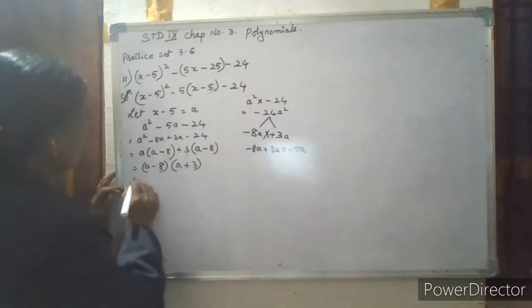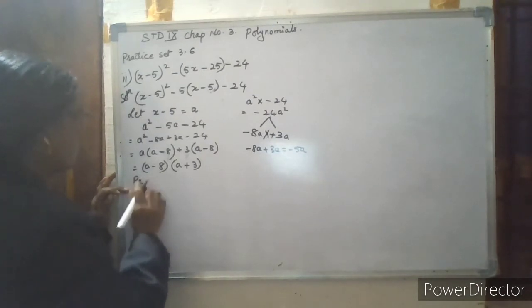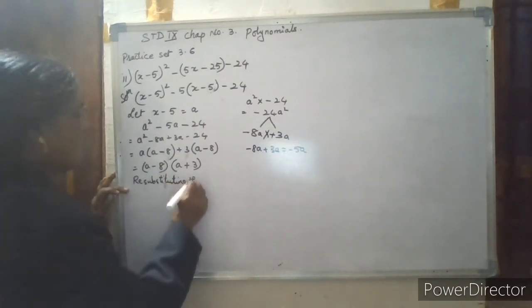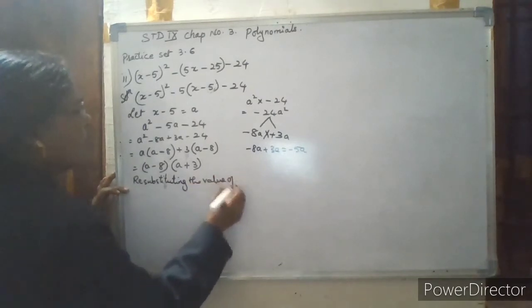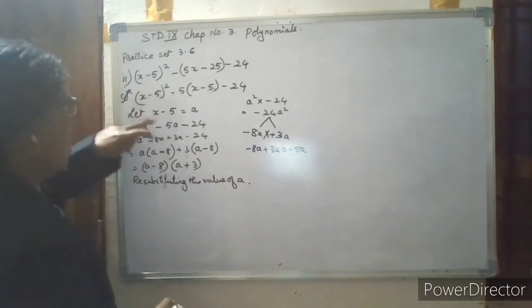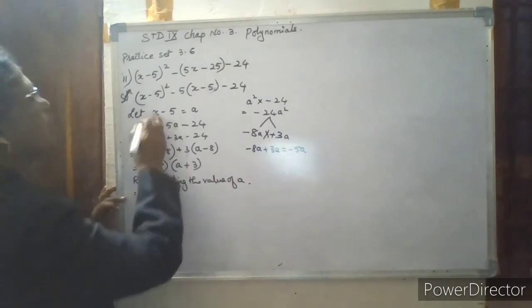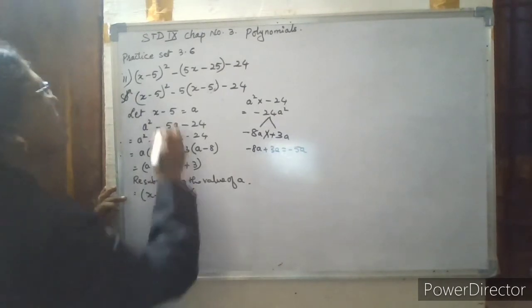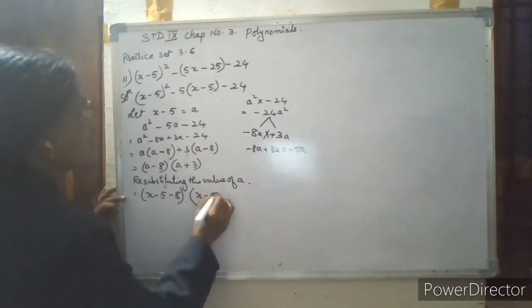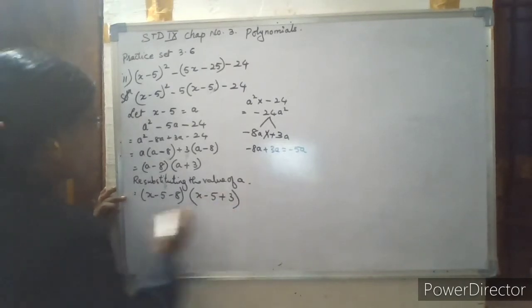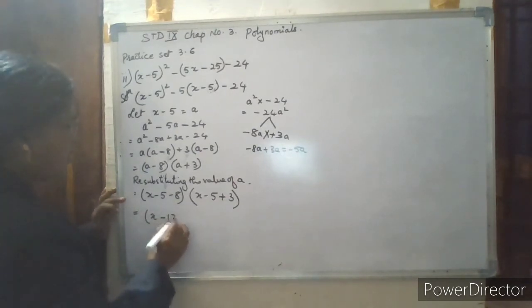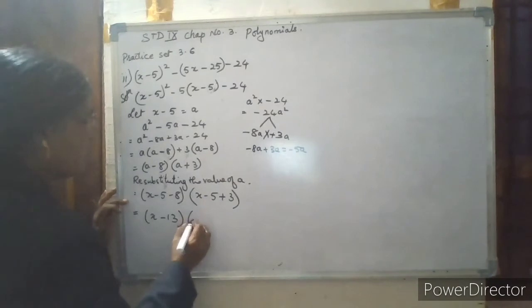So resubstituting the value of a, where a is equal to x minus 5: one factor is x minus 5 minus 8, and the other factor is x minus 5 plus 3. So when we solve this, the factors are x minus 13 and the other factor is x minus 2.